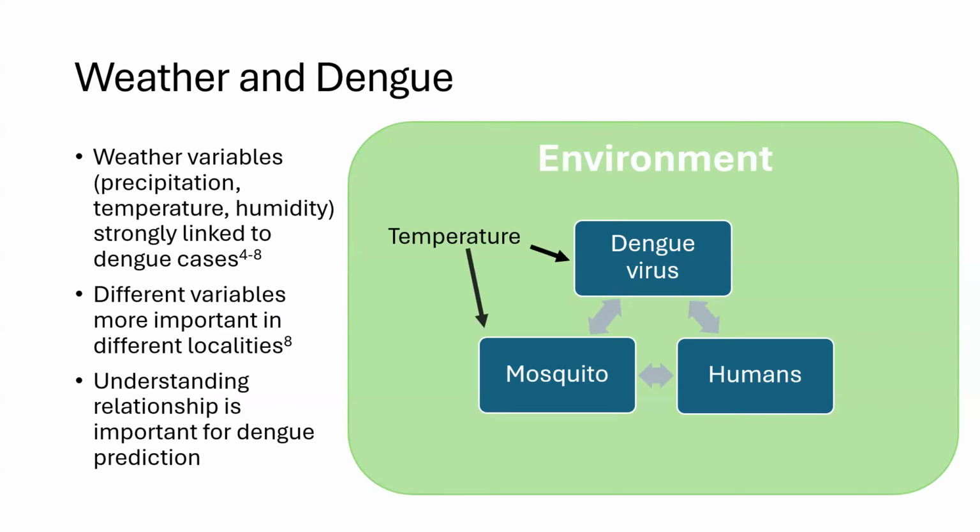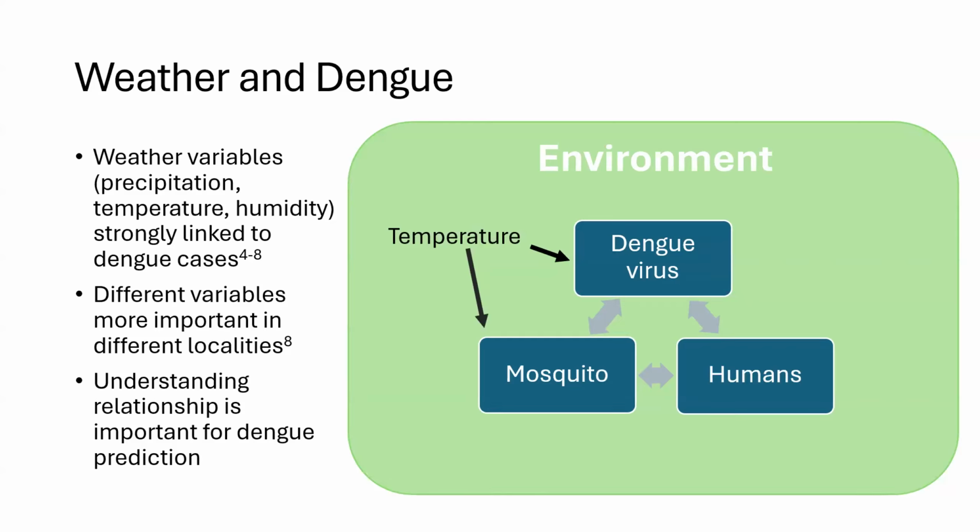With something like temperature, we see that it can affect the dengue virus by affecting how long the virus takes to incubate inside a mosquito host. But it also affects the mosquito's ability to develop, the mosquito's longevity, and also things like its biting rate and activity.